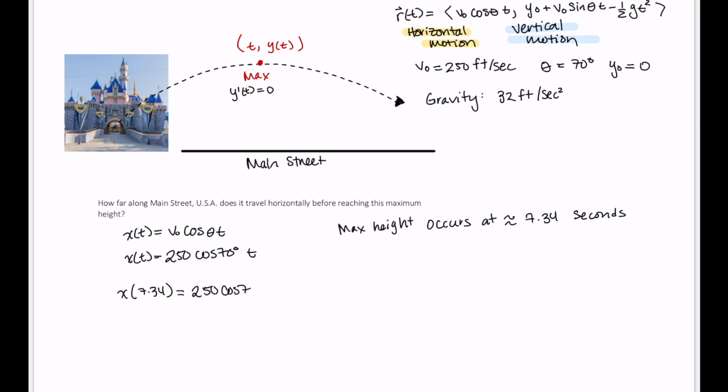And this is what you're going to put in your calculator. So 250 times cosine 70, times 7.34 to get x of 7.34 is approximately, take a moment to pop this into your calculator, please.